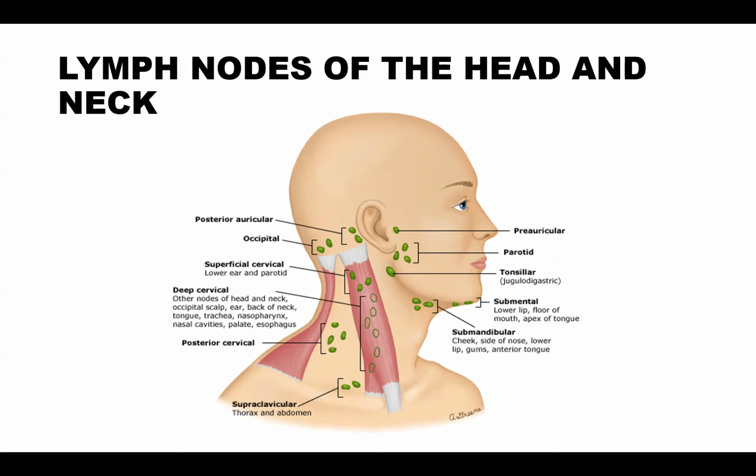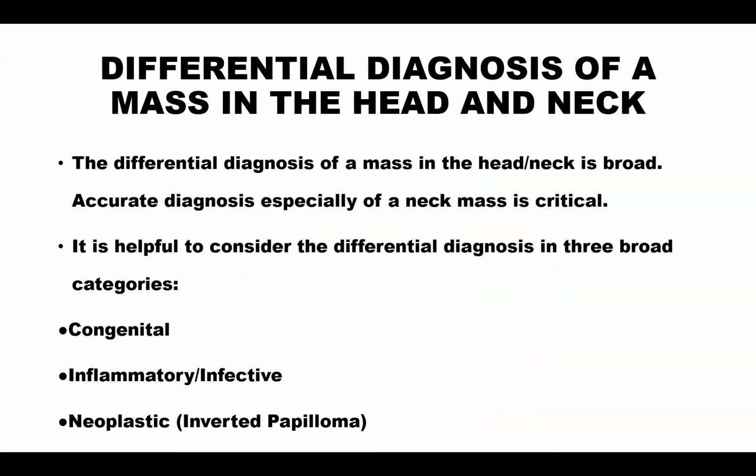Now, let's look at some differential diagnosis of a mass in the head and neck. The differential diagnosis of a mass in the head and neck is broad. Accurate diagnosis, especially of a neck mass, is critical.